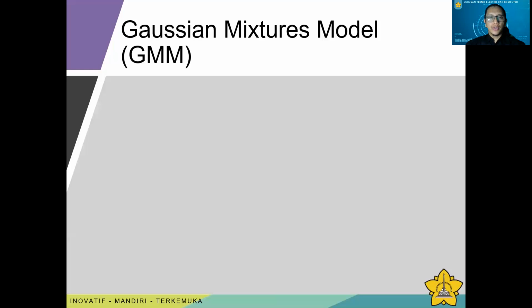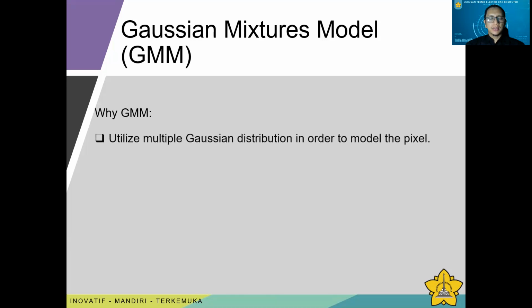First, the Gaussian mixture model, or GMM. Why GMM? Because GMM is able to model the pixels from multiple Gaussian distributions.